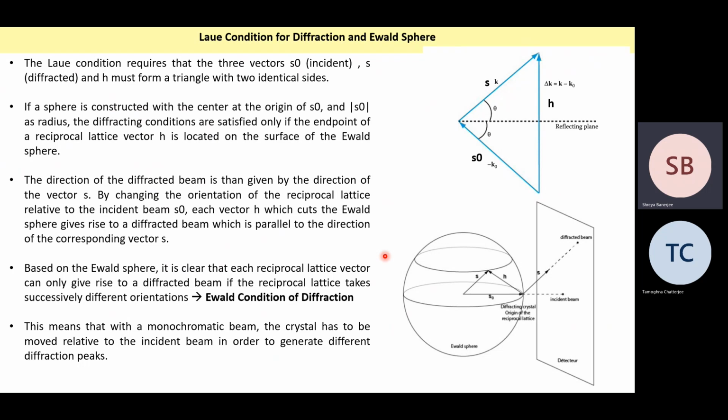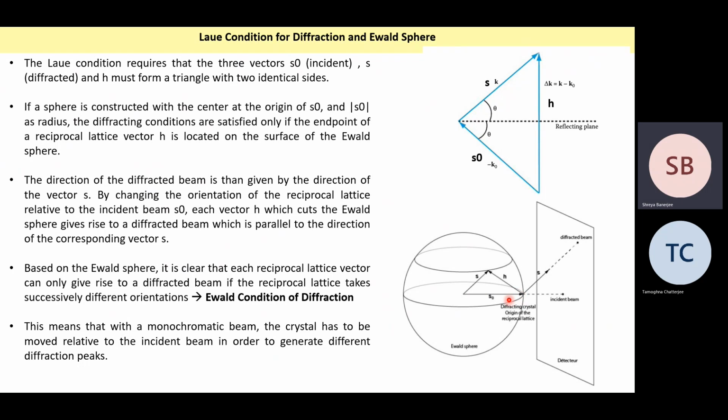Now, if you construct a sphere with the center at the origin of S0, as you can see here, the origin of the incident vector S0 is the center of the sphere, and the magnitude of S0 is the radius.